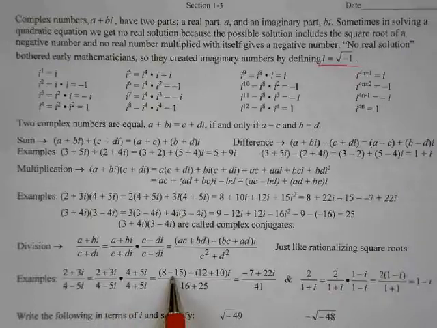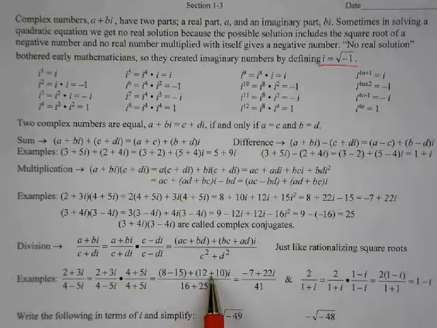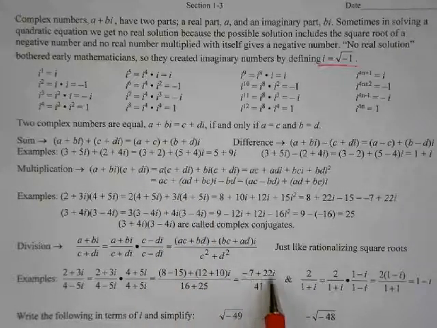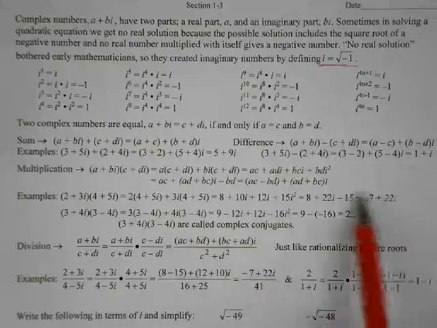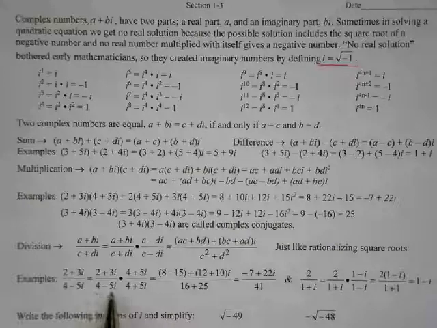The outer gave us the 10, the inner gave us the 12. We did that one up here. And so we have our minus 7 plus 22i, just like we did up here. But the bottom is just going to end up 4 squared and 5 squared, which is 41. And so there is our answer.